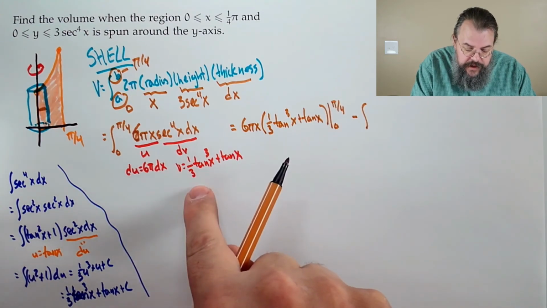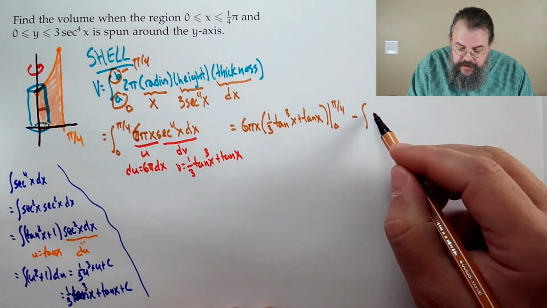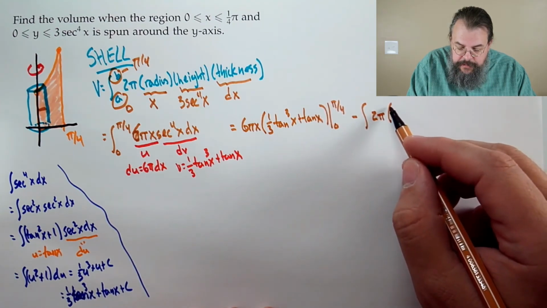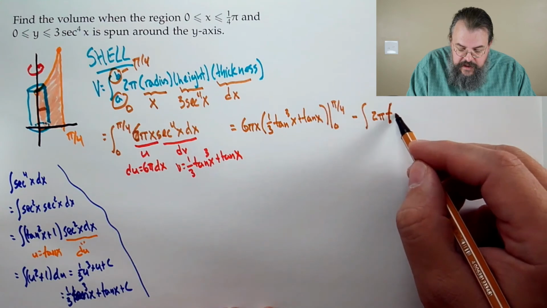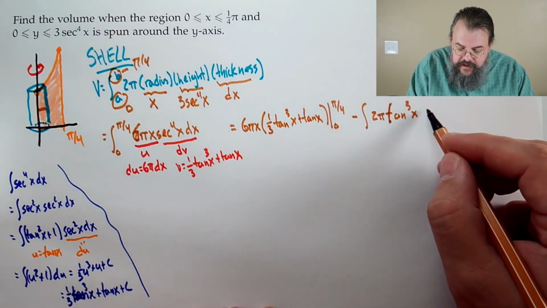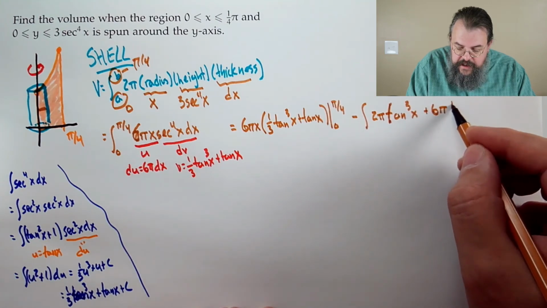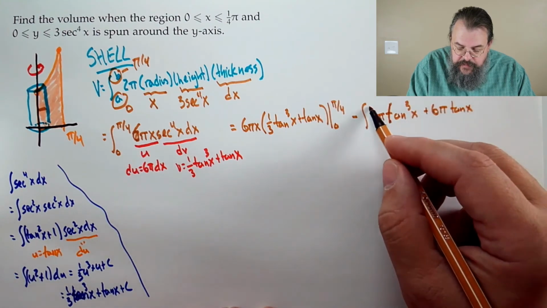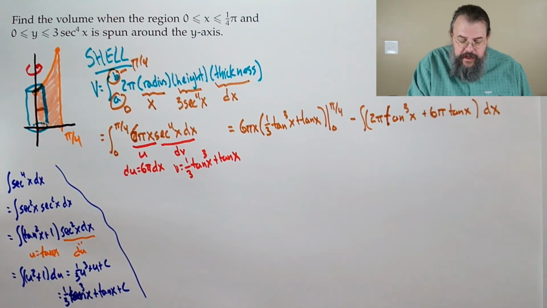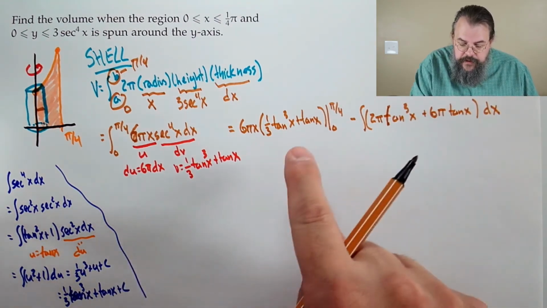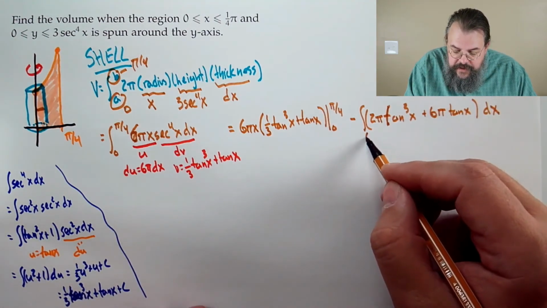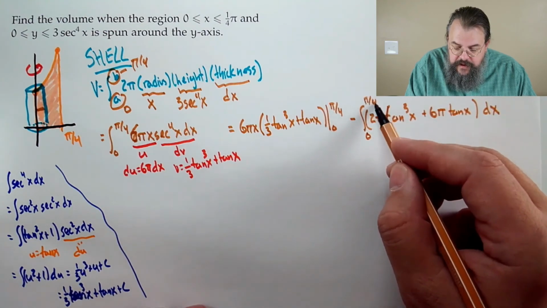So 1/3 times 6 makes a 2 pi, and then we have 2 pi tangent cubed x, plus 6 pi tangent x dx. Okay, so that's v du. So u v minus the integral of v du, and it's still a definite integral, so we need to put our bounds.